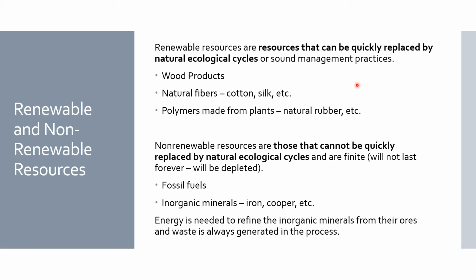I just call it best management practices. You can replace them quickly. They include wood products, natural fibers like cotton and silk, and polymers made from plants, like natural rubber from rubber trees.